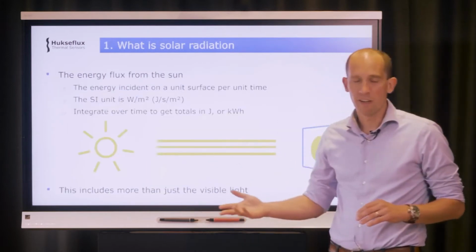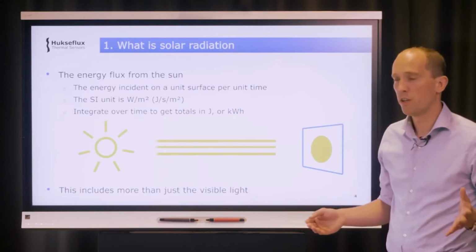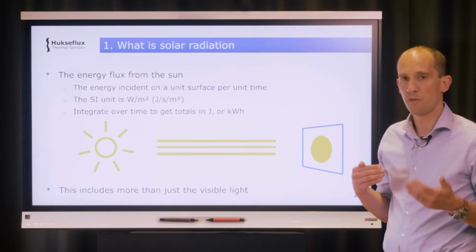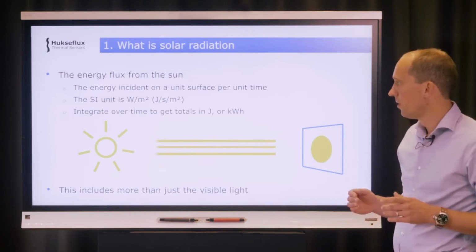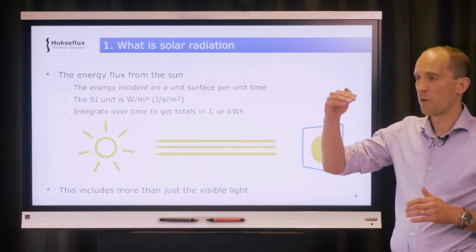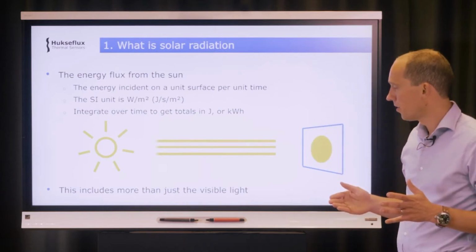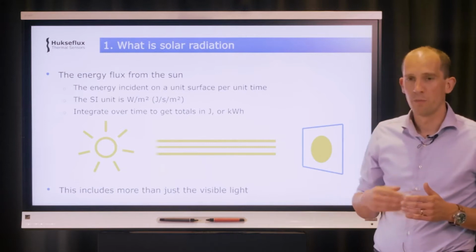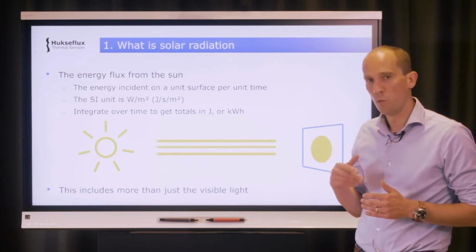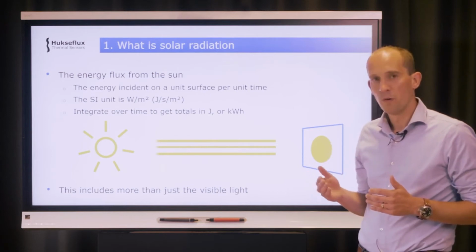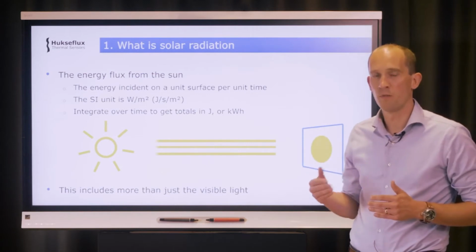So let's start at the beginning. What is solar radiation? When we say solar radiation, we talk about the energy coming from the sun, and actually the energy flux. What we measure is the energy incident on a surface, per unit time. So a pyranometer measurement is in watts per square meter, or in physical units, joules per second per square meter.